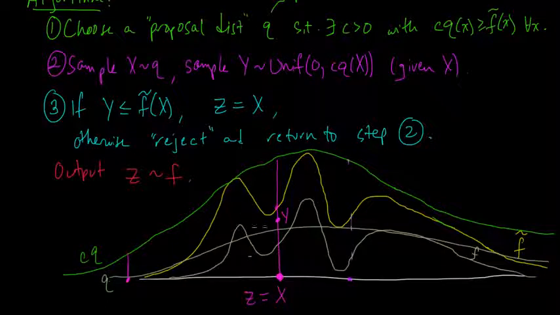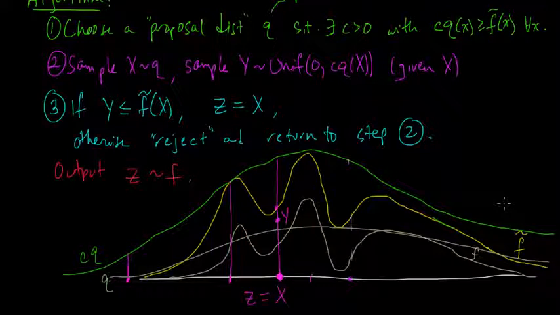On the other hand, if by some miracle x landed right here, then we would be almost certain to accept, since whatever y we drew would almost surely land under this yellow curve on this interval. Okay, so that's the intuition. That's the algorithm for rejection sampling in the non-uniform case for a PDF.